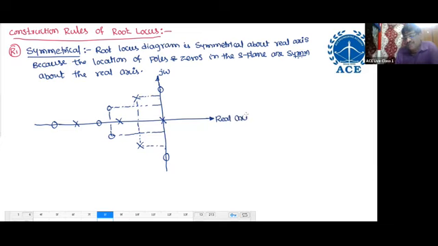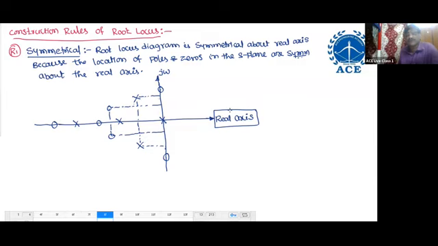If you fold with respect to the real axis, the upper part of the poles and zeros coincides with the lower part. That's why the root locus diagram is symmetrical about the real axis.